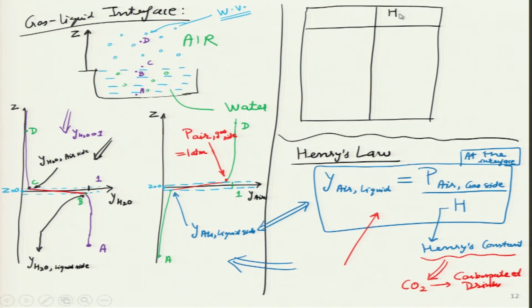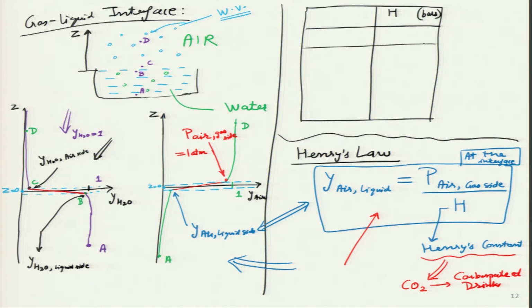If you look at Henry's constant over here, what will its units be? Because y on the left-hand side is mole fraction, it is unitless, so these two units have to cancel out. Which means H will also be given in the same unit as pressure, generally in bar. So H value is generally given in bar.